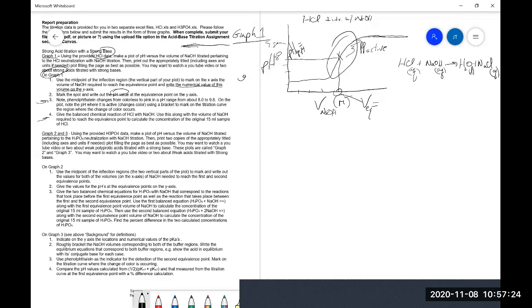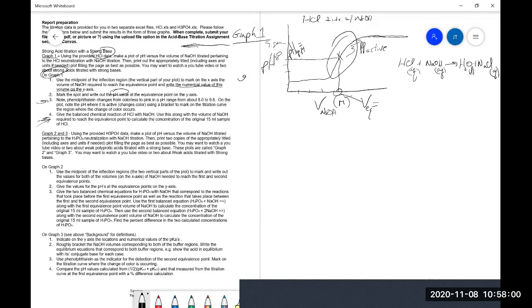And then they want me to do a calculation for the concentration of HCl based off of the fact that the NaOH was 0.1 molar. It doesn't say that here in the question, but it does in the part of the experimental, which you should read over so you have a good idea of what is going on here in this mock experiment.